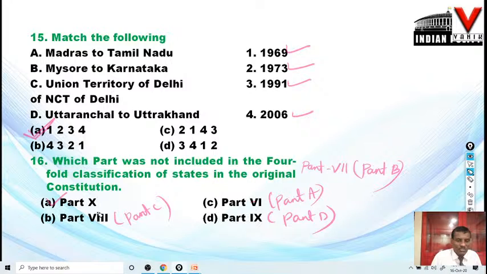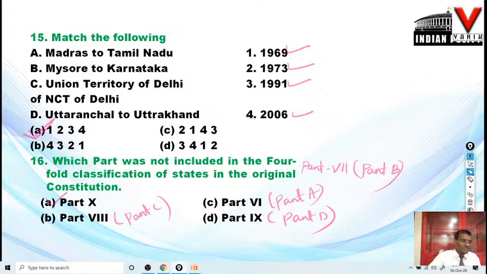Which part was not included in the fourfold classification at the time of independence? We had four types of states: part A, part B, part C, and part D. Part A states were in which part of the constitution? Part 6. Part B in Part 7. Part C in Part 8. And Part D was in Part IX.